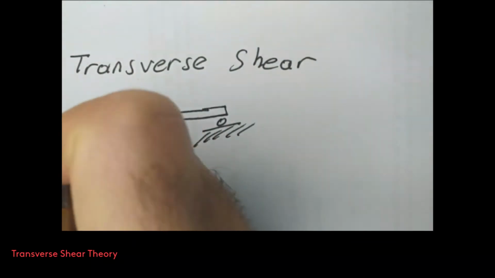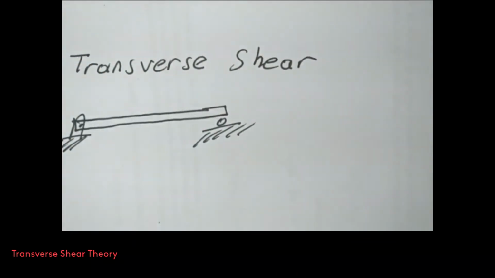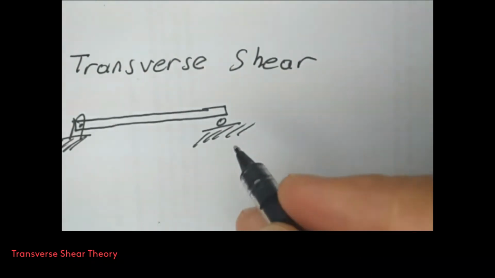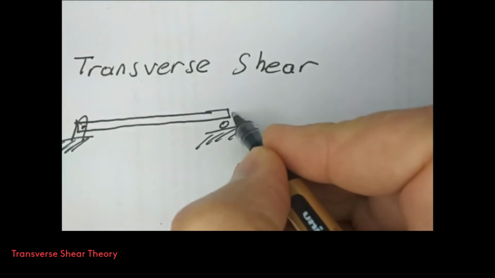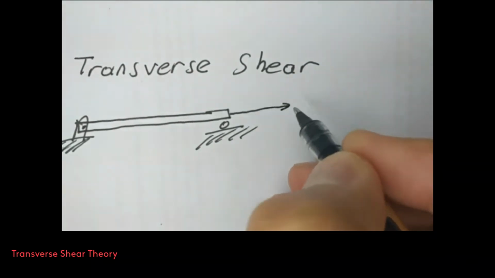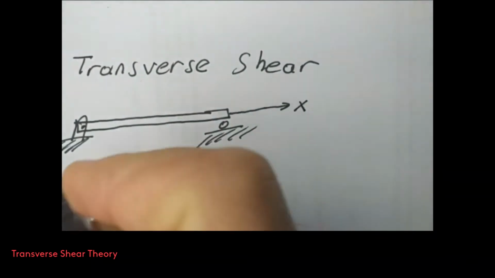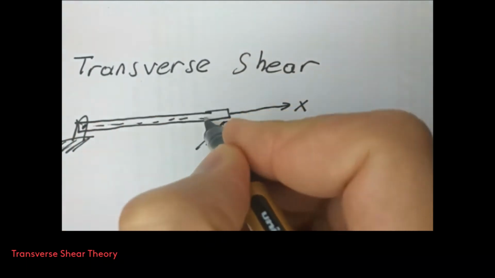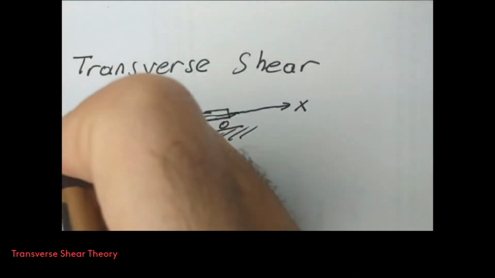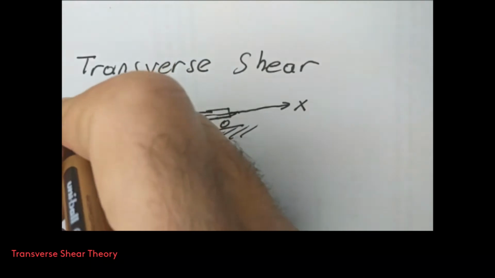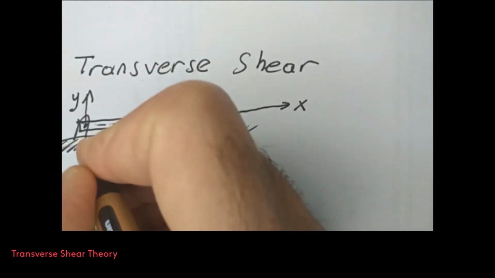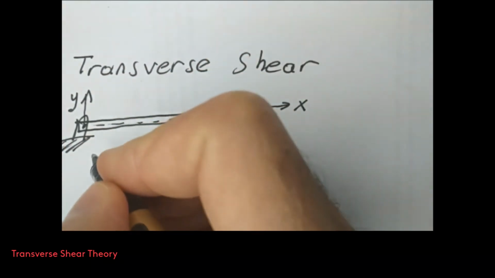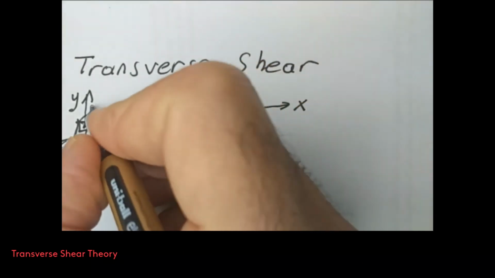In fact, we will choose a coordinate system attached to its centroid, and y is the vertical coordinate. We may have different types of loading, so we may have some distributed load.